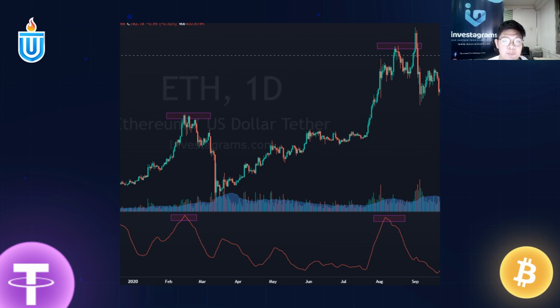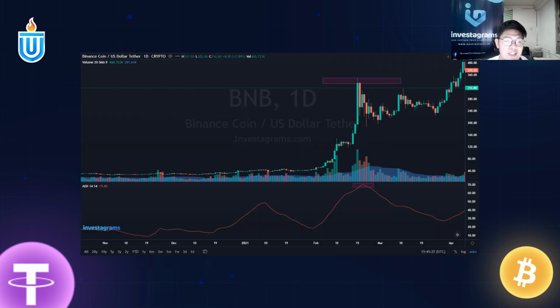If you want to have an approach wherein you're buying less on the way up, the ADX can help you gauge if nag-overextend na ba yung trend, if it might be pulling back already, or if nag-start na yung distribution phase. So again, as with all indicators, make sure you test this out first and see if 1, they fit your trading style, and 2, if they serve a purpose in your overall decision making.